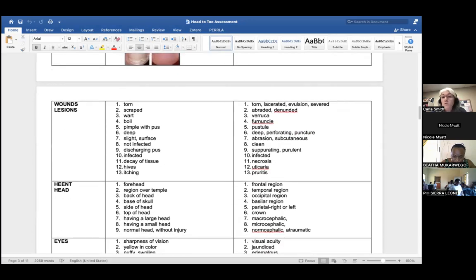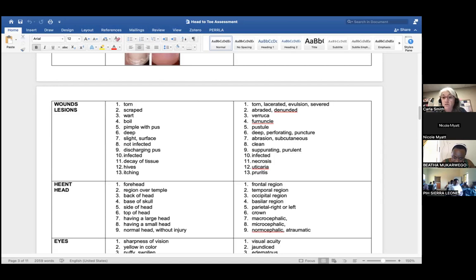When we look at wounds and lesions, again, really trying to describe them in more detail. Is the skin torn or lacerated? Is there an avulsion? Is verruca present or warts?